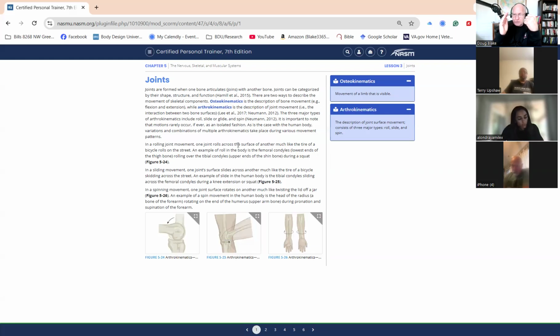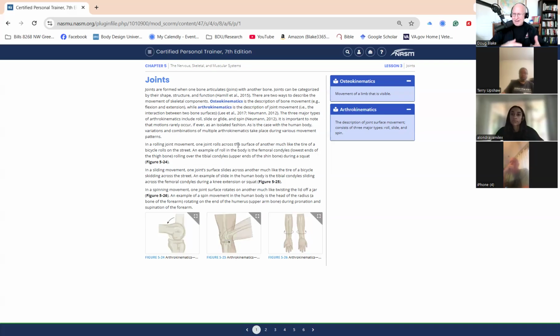Well, not only can the joint roll, it can also slide. Can everybody see what I'm doing? I'm way exaggerating. It doesn't do it this much. But this is sliding, gliding, this is rolling, and then watch. It can also spin. Y'all see this?